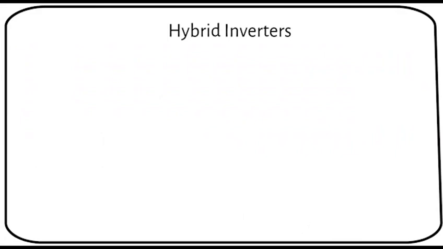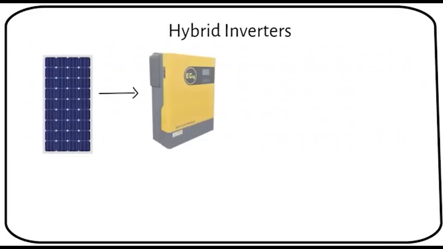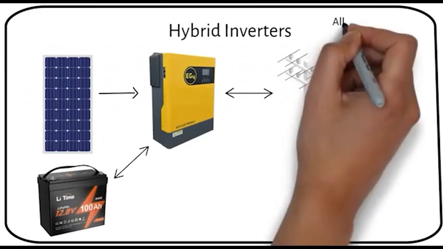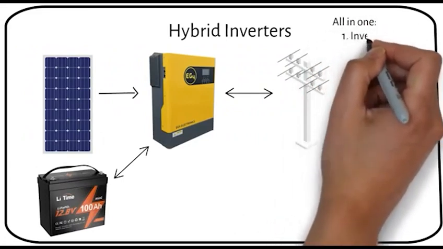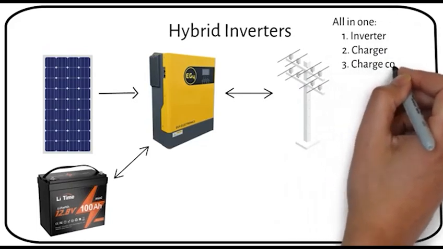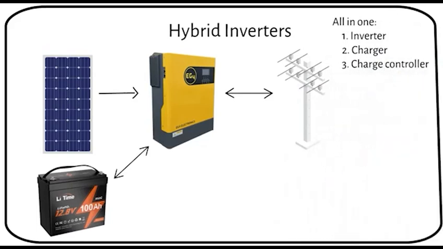A hybrid inverter combines the function of an inverter charger with an added charge controller, making it a versatile component for both grid-tied and off-grid solar systems. This all-in-one solution simplifies setup and reduces the need for extensive wiring, making it an ideal choice for installations where simplicity and space efficiency are priorities.